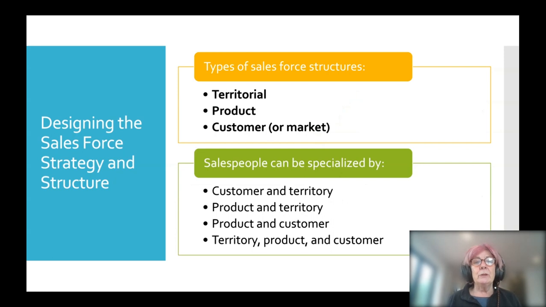The other way to organize that sales force is by customers or by markets. So we might have salespeople who are dedicated to business customers, for example, or to final end consumers. So in summary, salespeople can be specialized by customer and territory, by product and territory. All the different combinations of those different things are the different ways in which companies will organize their sales force.